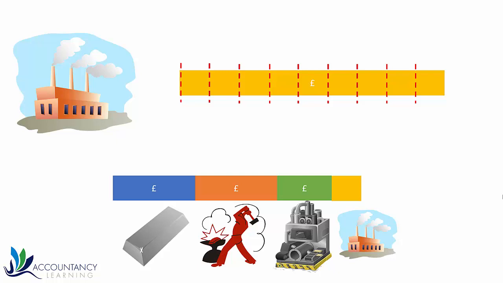So each unit will have 1/10 of the rent as part of its overall cost. And then that will give us what the total production cost for that unit is. So that's the basic idea of absorption costing. We're taking the total cost of the overhead and absorbing it into each unit.